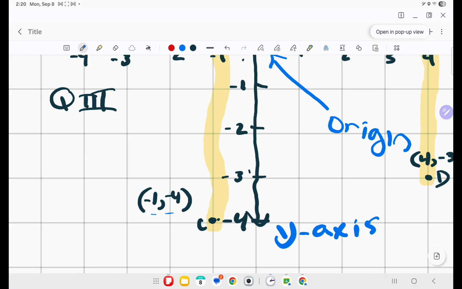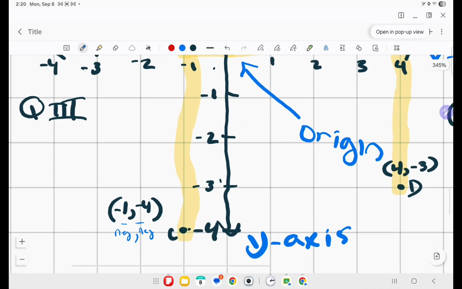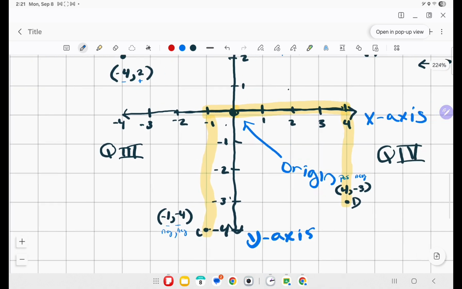Quadrant 3. If both of them are negative. And last but not least, if your x coordinate is positive and your y coordinate is negative, you're in quadrant 4. Just by knowing the neighborhood.